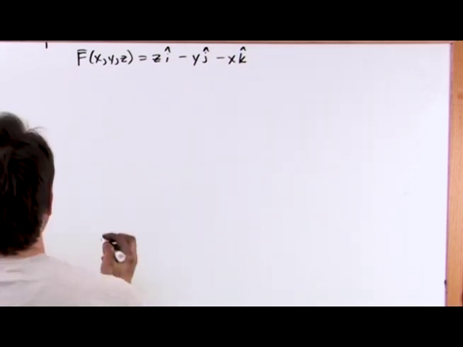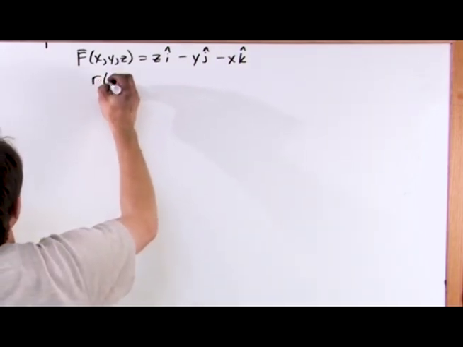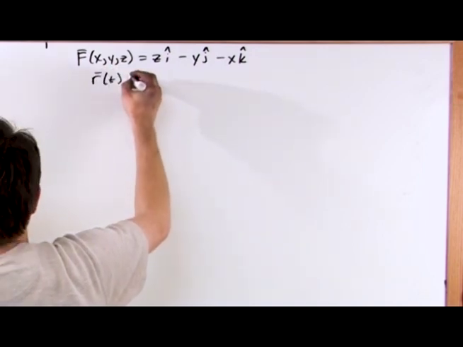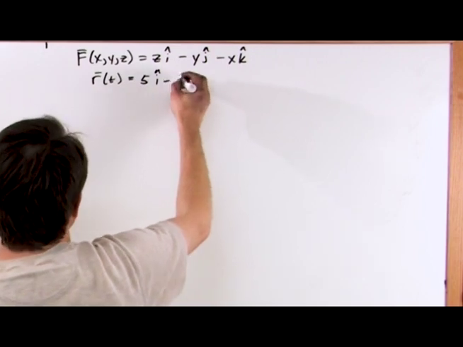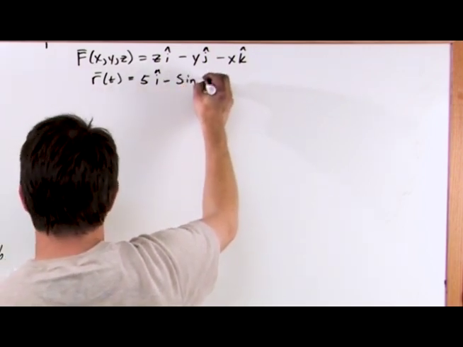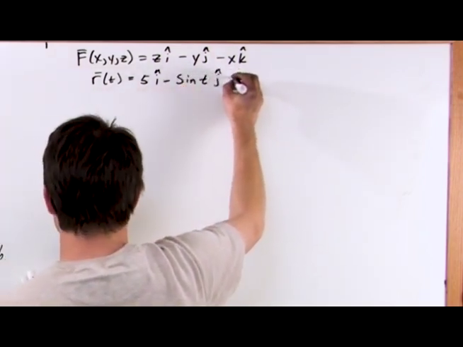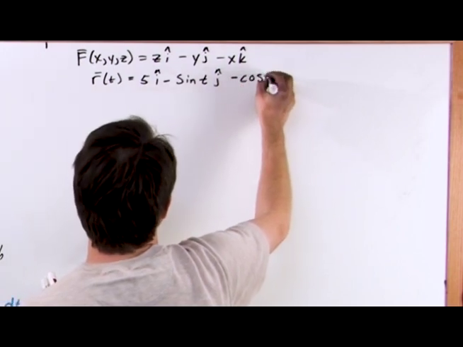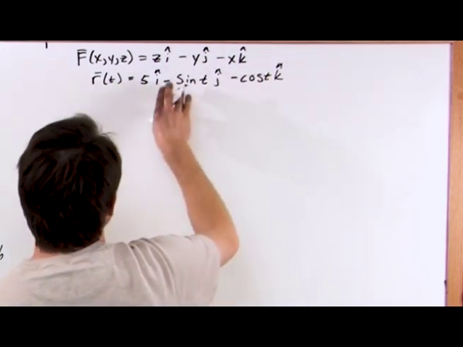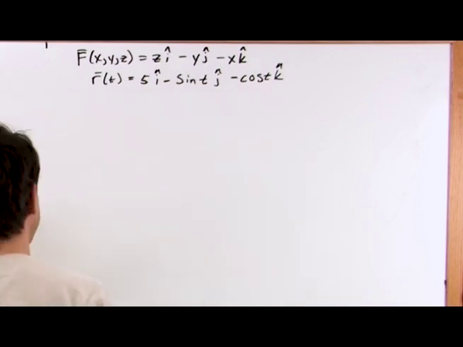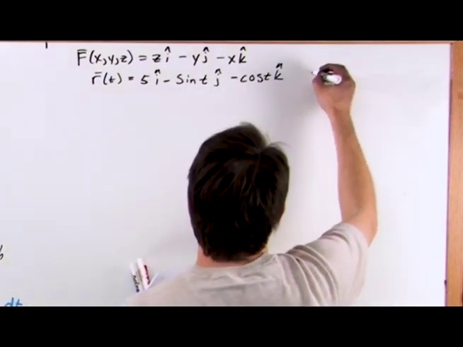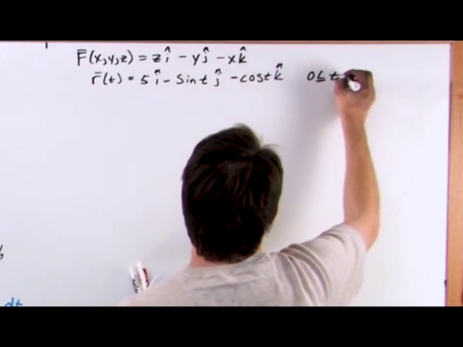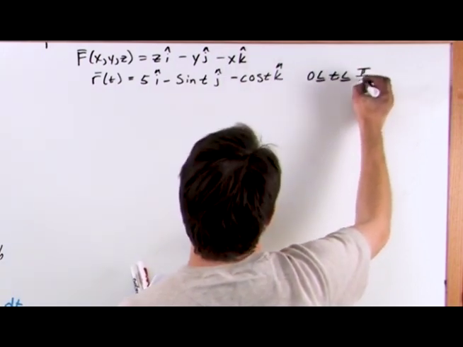Okay, the path is given by r of t, which is a vector of 5 in the i direction minus sine of t in the j direction minus cosine of t in the k direction. So for every direction, I've got a function of t, okay, and it's parameterized from t is 0 to pi over 4.